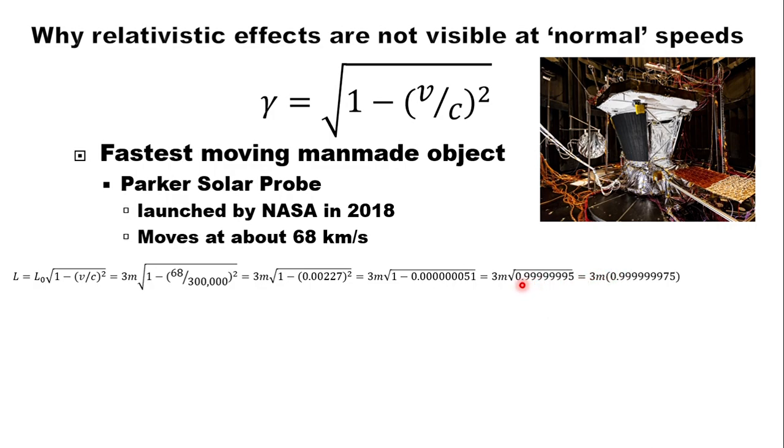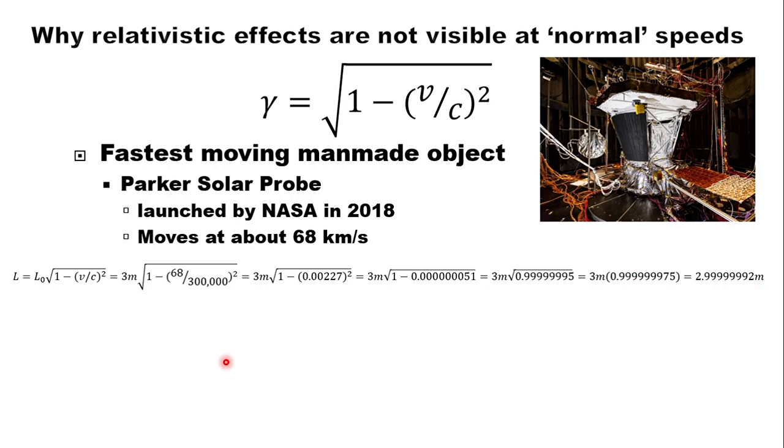The square root of 0.99999995 is 0.9999975. That's awfully close to 1. We multiply that by the rest length of 3 meters of the Parker probe, and we find out that if we could measure the Parker probe as it's traveling relative to us at 68 kilometers per second, we would measure it as 2.999999992 meters long.